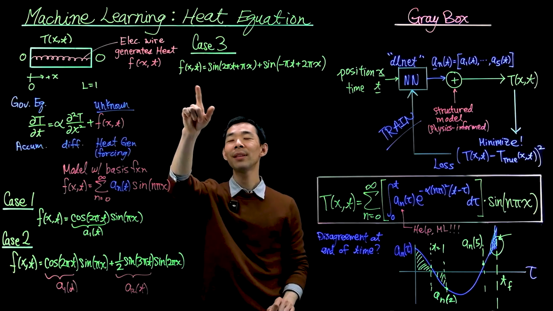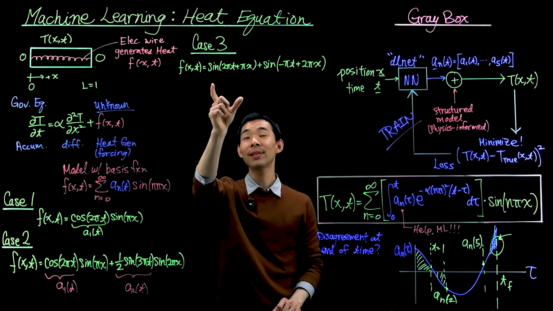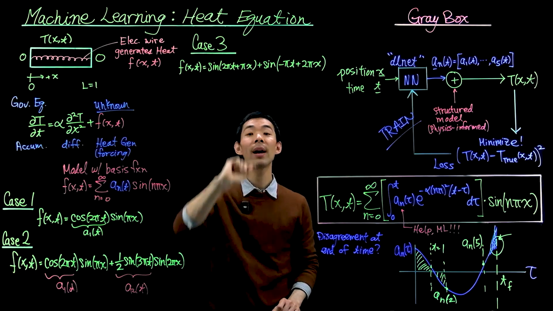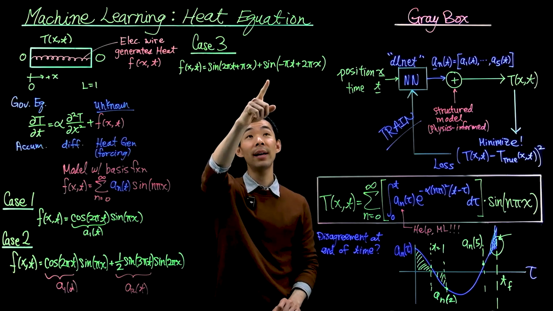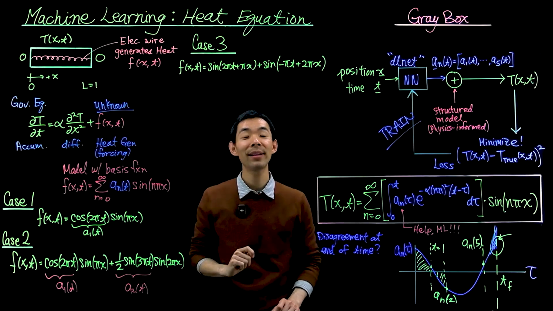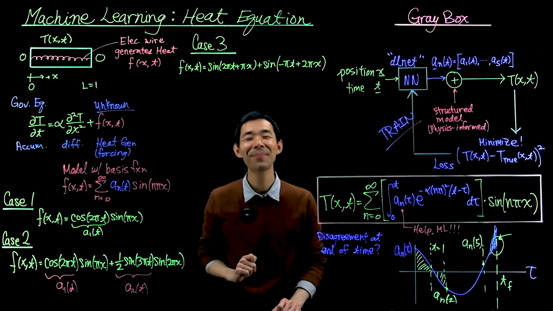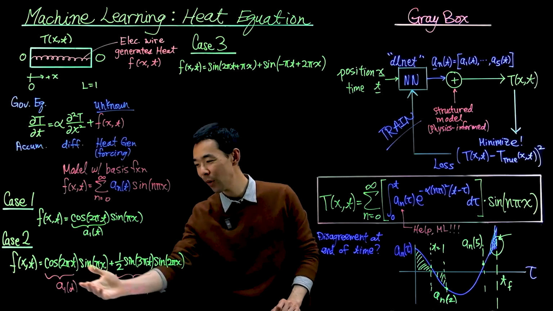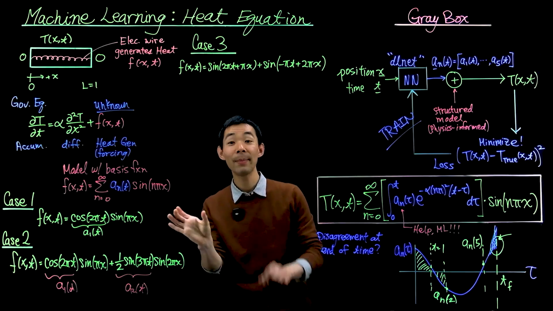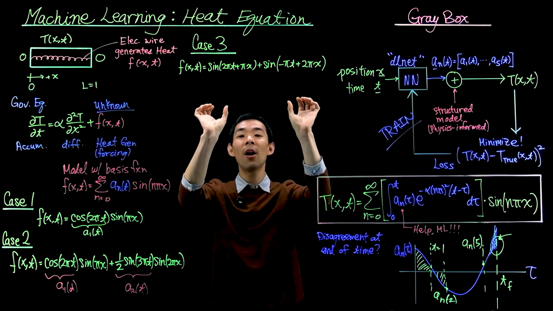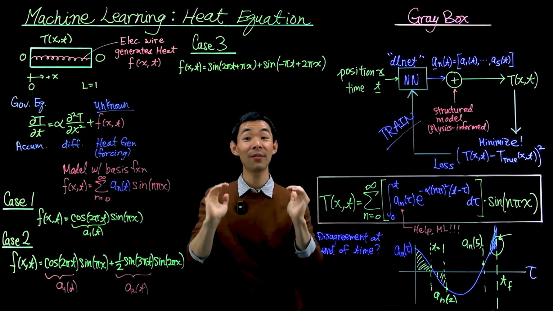The function that generated temperature data is sine of the argument 2 pi t, the time, plus pi x, plus sine of the argument negative pi times t plus 2 pi x. Now, the key difference is that unlike before, where the function of time and the function of x were a product of each other, now it's the argument inside the same sine function.